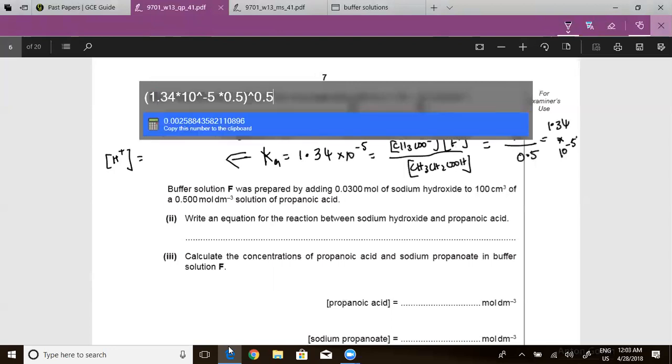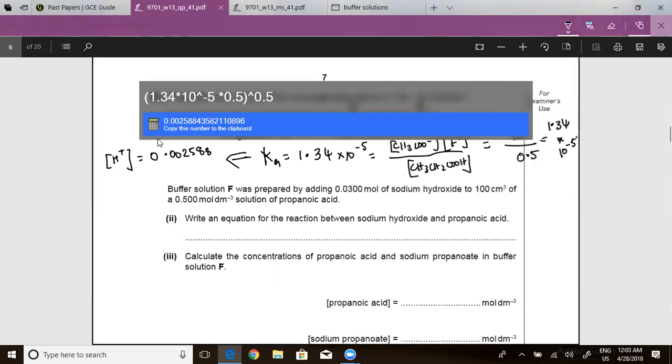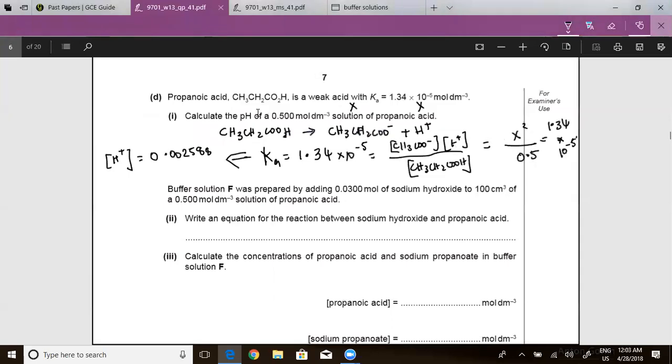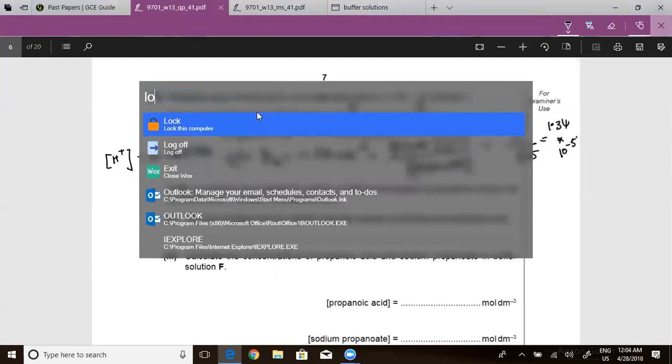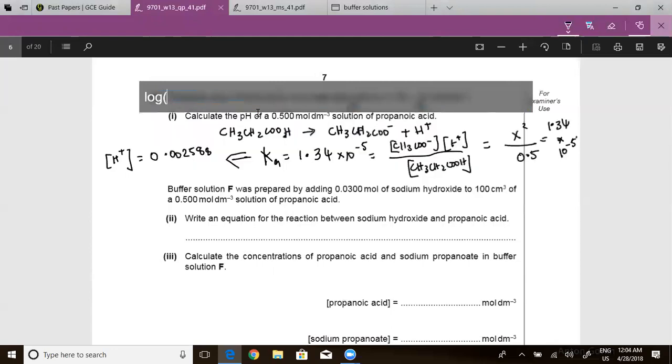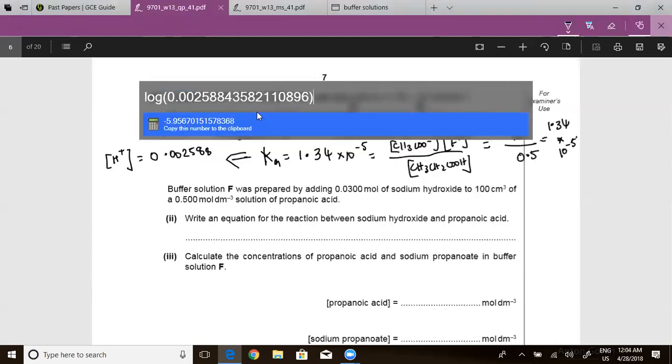So you get 0.002588. And then do minus log base 10 of that to get your pH. You get 5.95.